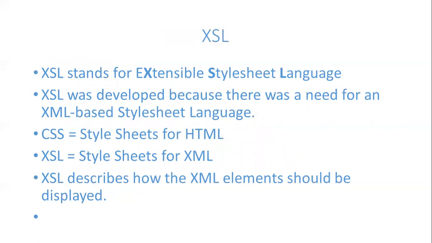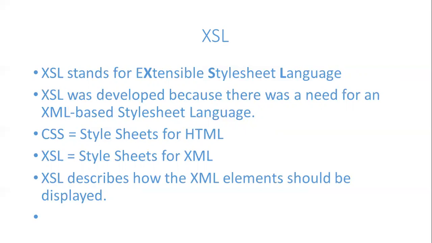coming to the XSL. XSL is extensible style sheet language. Now here what we have to understand is that extensible style sheet language is associated with XML. In the previous unit, we saw HTML and CSS. So if we want the contents of the HTML to be properly displayed, then we use cascading style sheets.